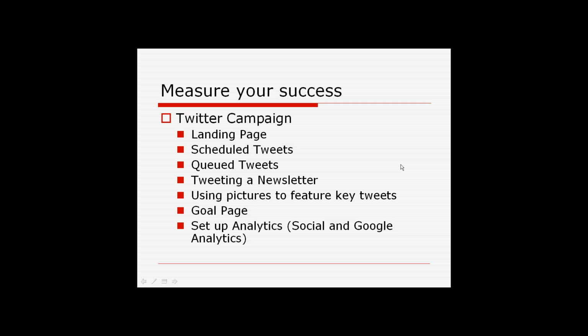You can gather your list, your advocates, the people who are retweeting you, and their audiences, by refollowing and following, and putting together a campaign so that you have a landing page, scheduled tweets, queued tweets, a newsletter, pictures, and a goal page. Then you can keep looking and measuring to refine and define exactly who's on your team.